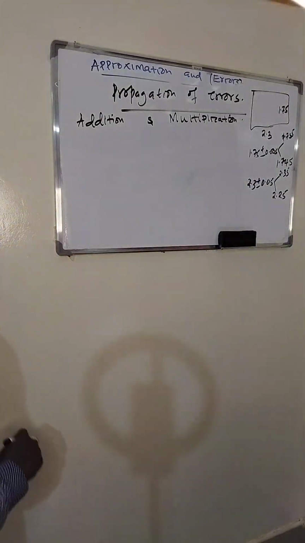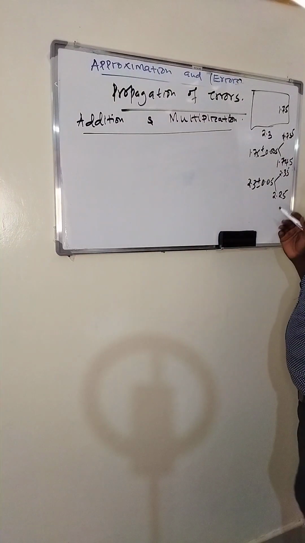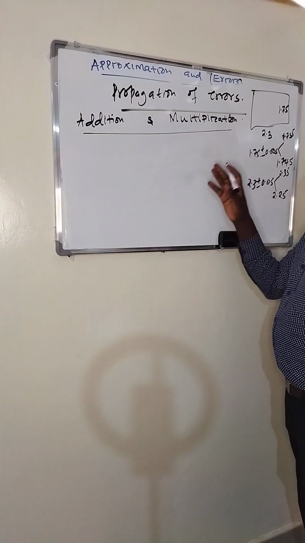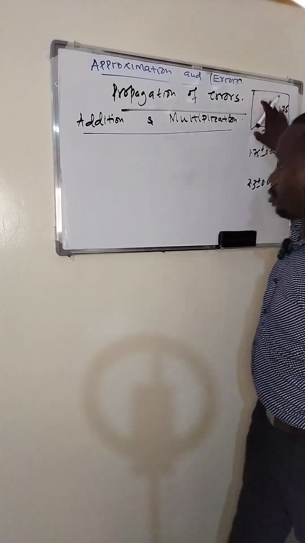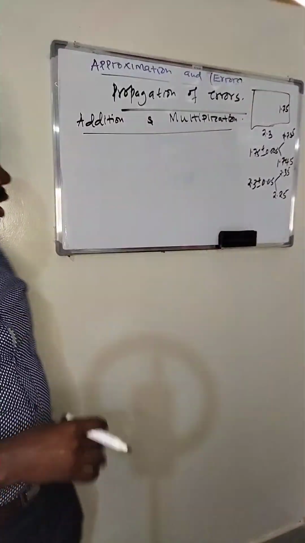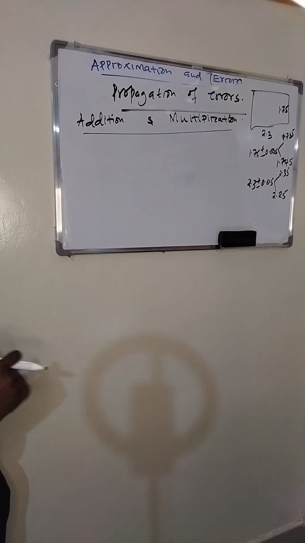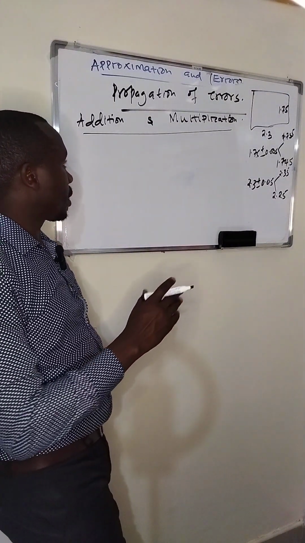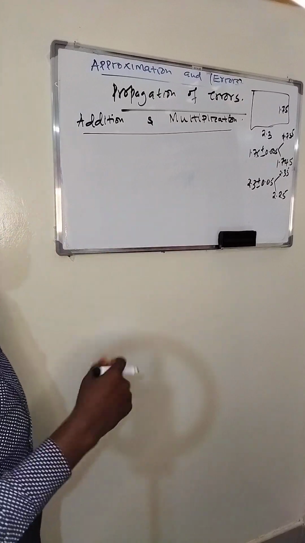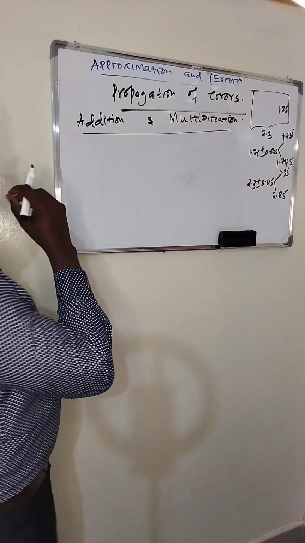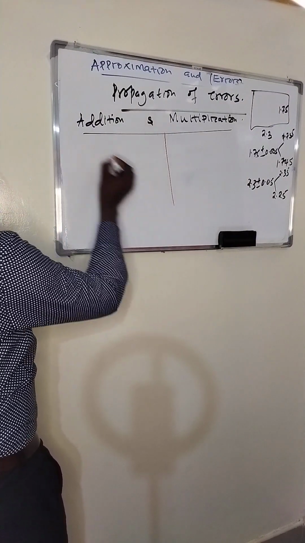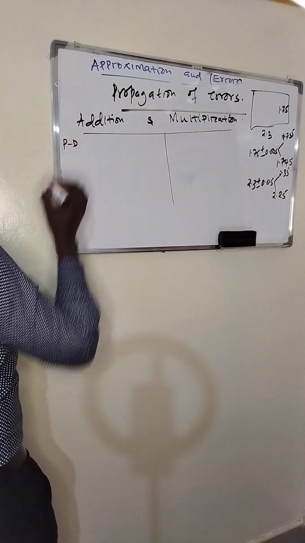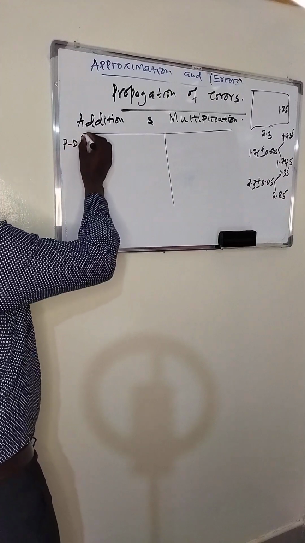So for addition, then we will have to consider perimeter. Then multiplication, we consider the area of the rectangle. But that is not important. The most important part is how now do you proceed. Remember, as you look for the absolute error, you take maximum minus minimum divided by 2. So in this case, for addition, we consider perimeter. So you will need to get the maximum perimeter.